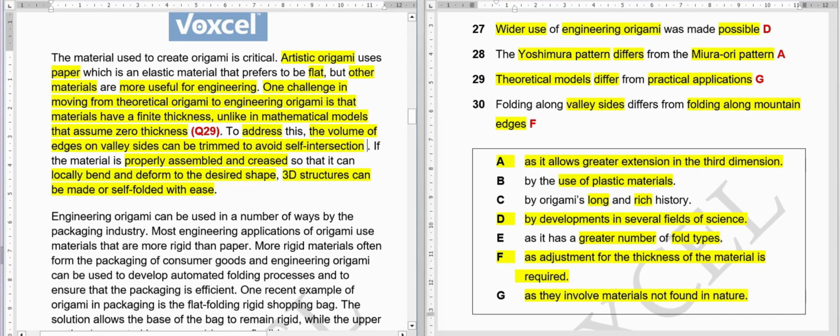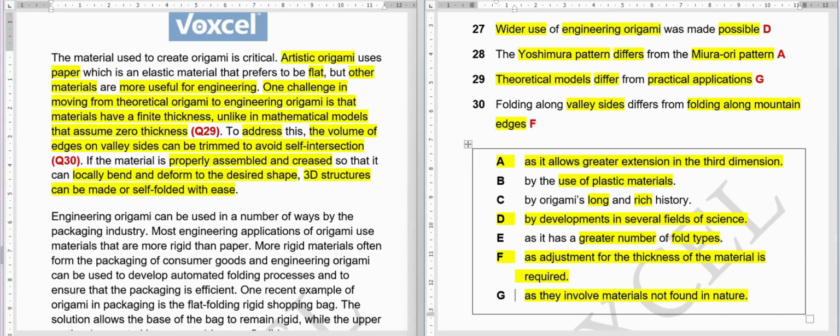First, let me write the question number, then I will explain. So here they are asking about the difference. So what is the difference between these two things?